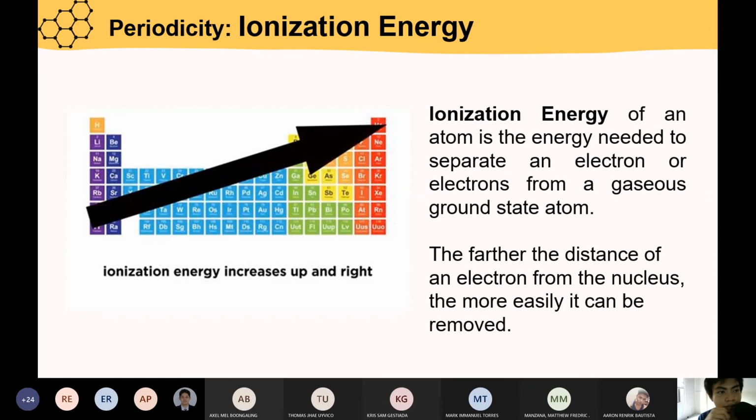Okay? So, yan. And that is the reason why these elements here are non-metals, no? They are non-metals. Bakit sila non-metal? Kasi nga, ayaw nila mamigay ng electron. Ang property ng metal is namimigay sila ng electron. Okay? So, ayan.